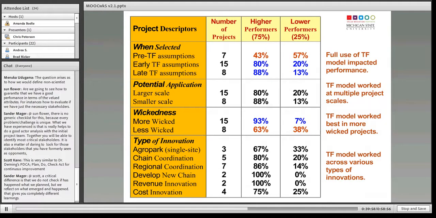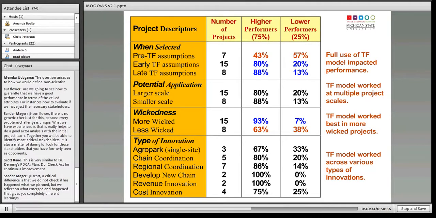The other thing that I looked at is, of the 23 projects that were done under the early and late assumptions, I divided them into larger scale and smaller scale projects, because there tends to be an argument that smaller scale projects have a greater chance for success and sustainability than larger scale projects.